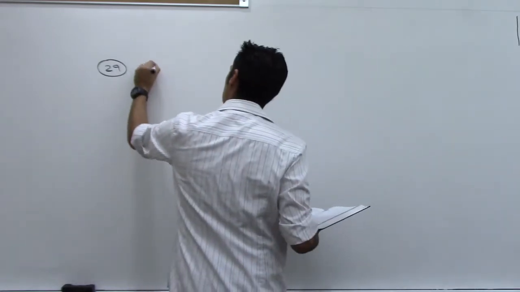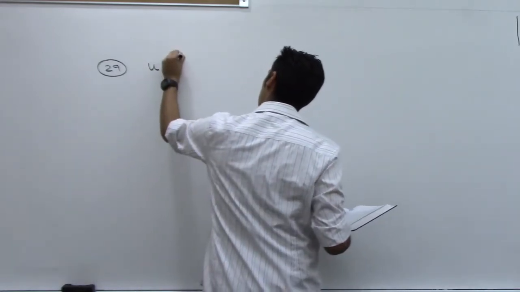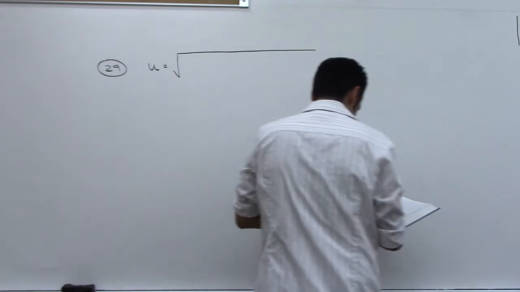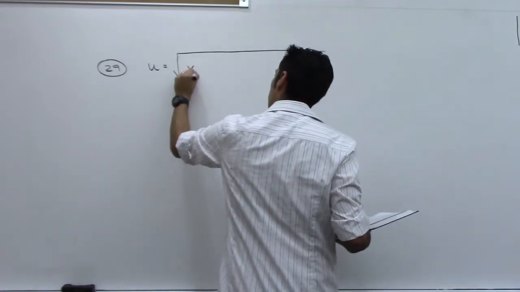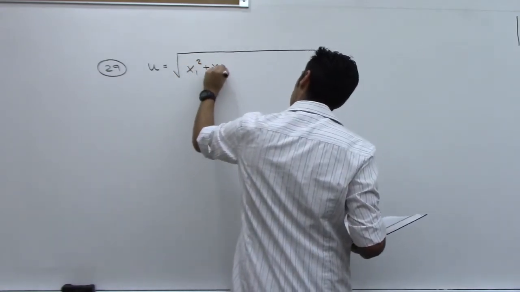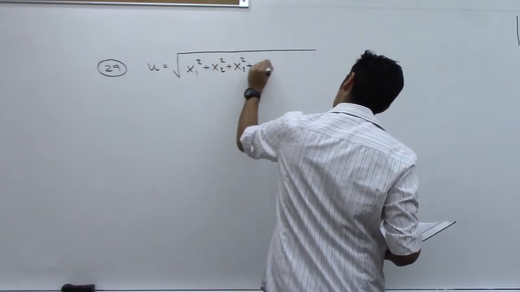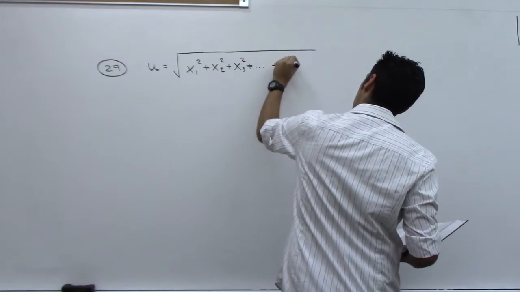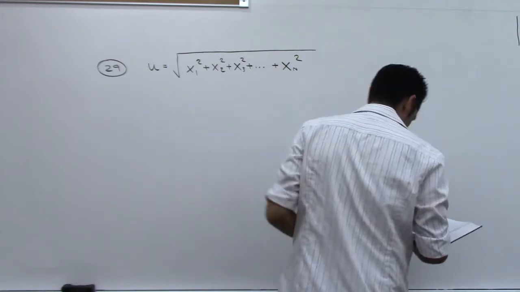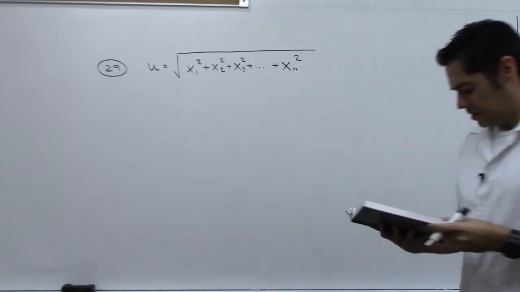u is equal to the square root of x sub 1 squared plus x sub 2 squared plus x sub 3 squared plus dot dot dot plus x sub n squared. What does that mean?